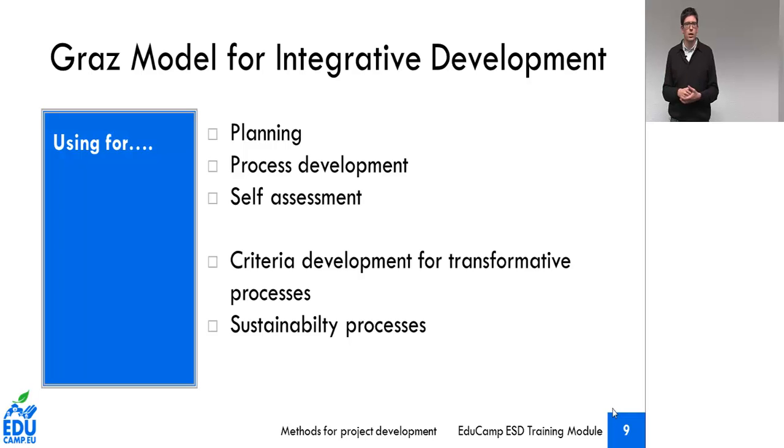This Graz model for integrative development can be used for planning processes, also for process development itself. So during the planning of the process, in the process development that is already taking place, or also in the self-assessment, self-reflection afterwards. And the criteria of the development for transformative processes are shown within this model.